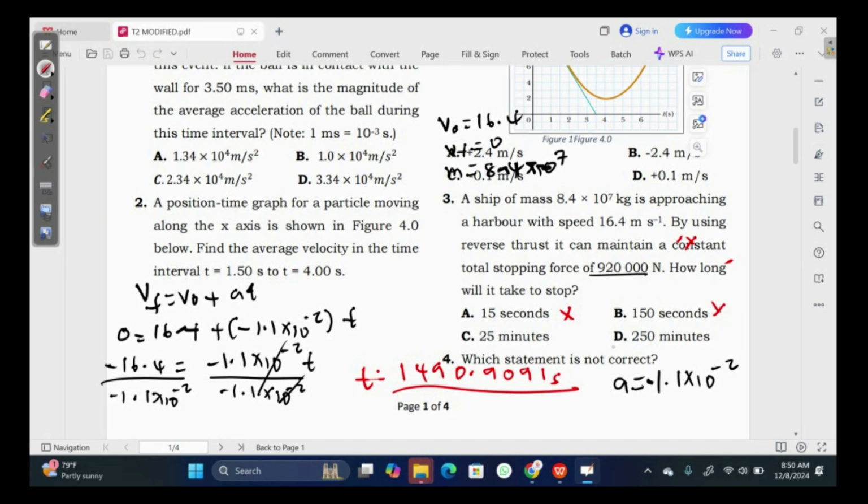Now I want you to know one thing. To convert seconds to minutes, you divide it by 60. So I'm going to divide everything there by 60.